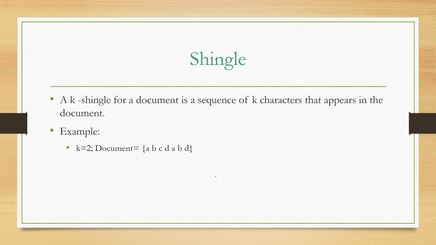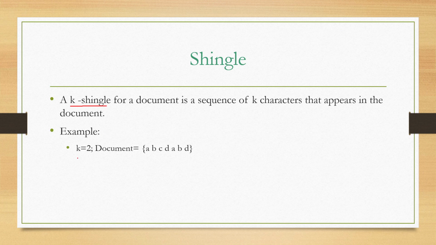Okay, so let us now discuss in detail what we mean by all these. First is to convert a document into set form. So how is that done? We form a K shingle for a document, and this K represents the size of the elements inside the shingle set.